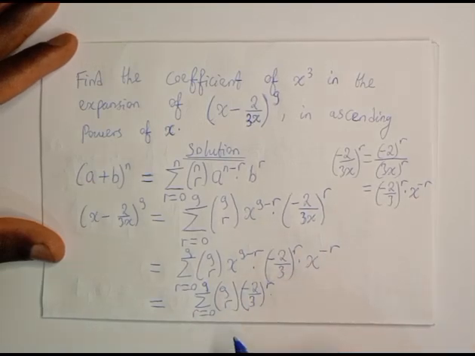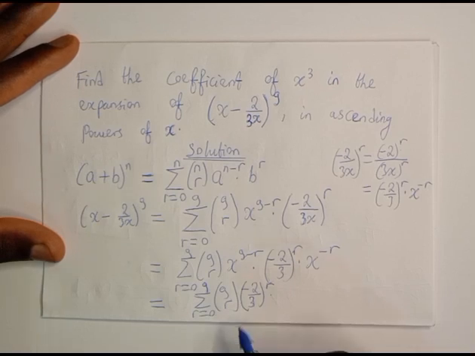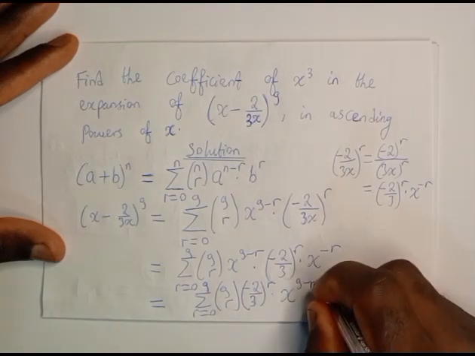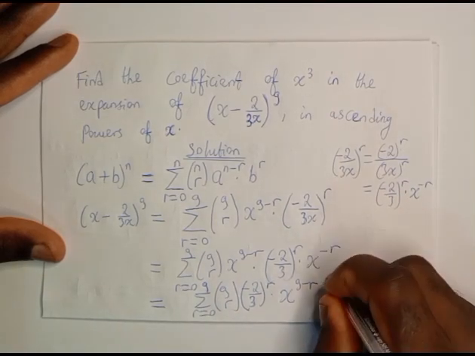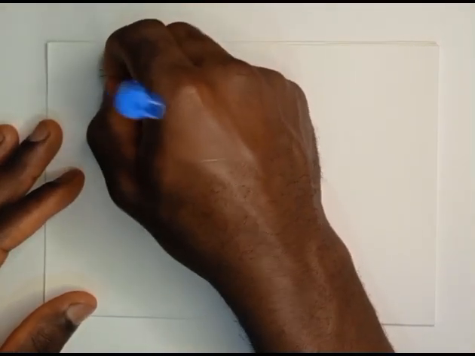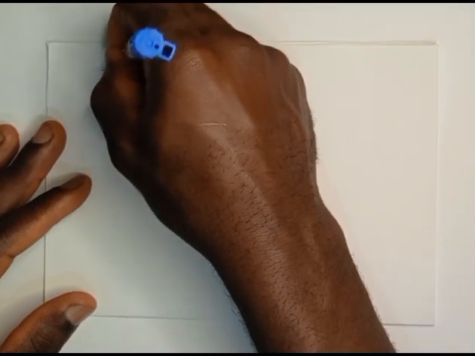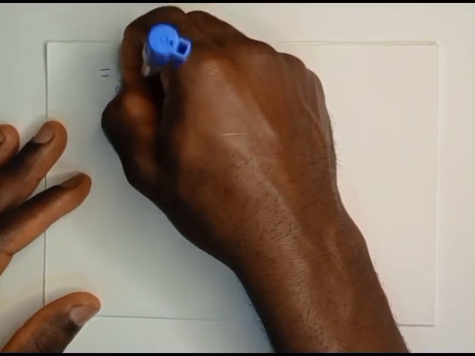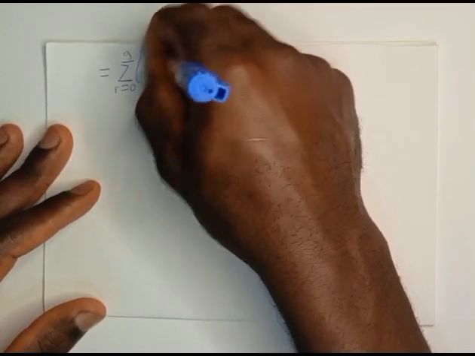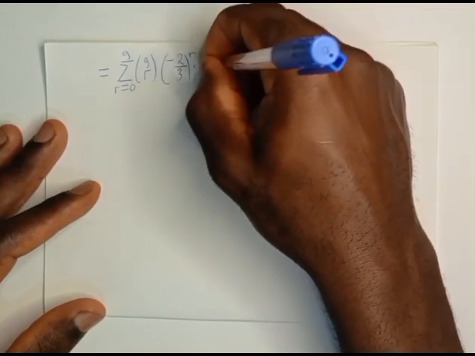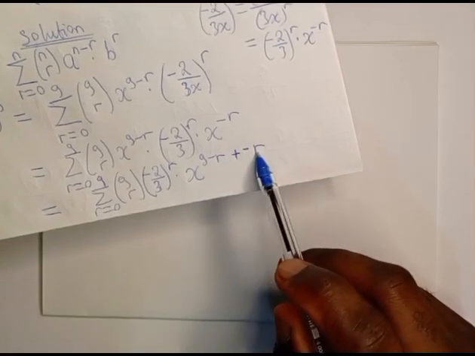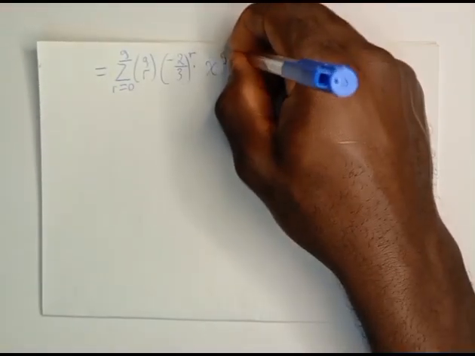By applying the rules of indices, this will give us x to the power 9 minus r plus, since we are multiplying, we add the powers, negative r. This will simply be equal to summation r equal to 0 right up to 9 of 9 combination r times negative 2 third all raised to the power r times x raised to the power 9 minus r plus negative r gives us negative 2r.